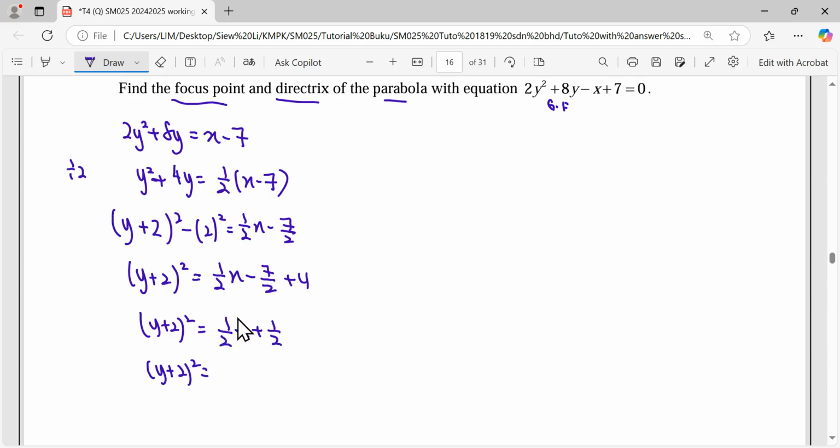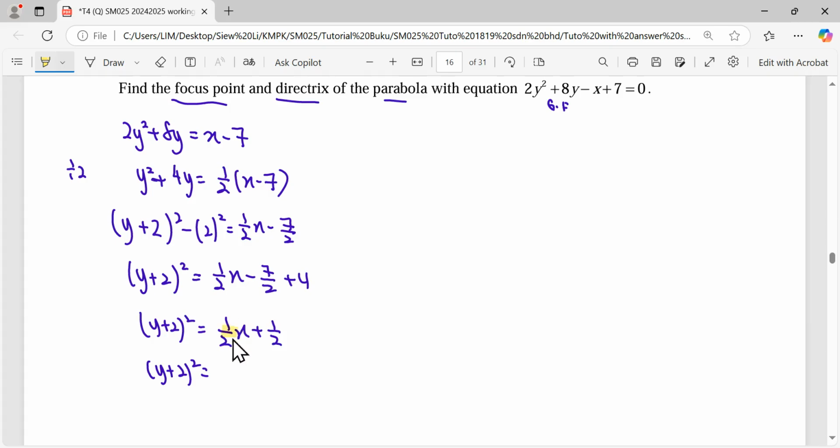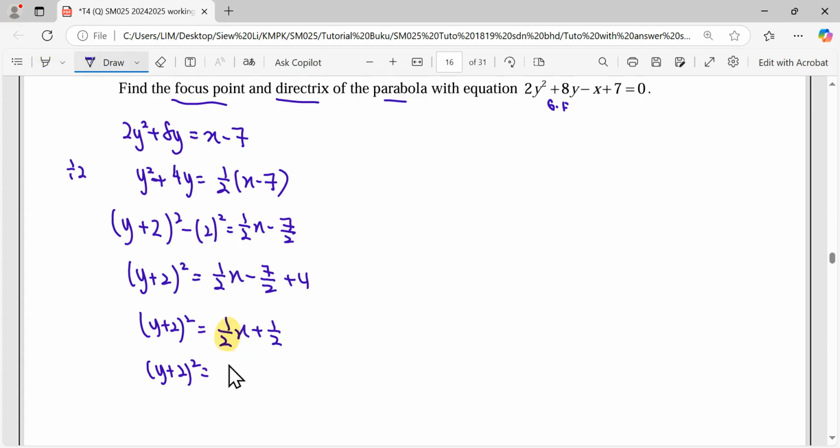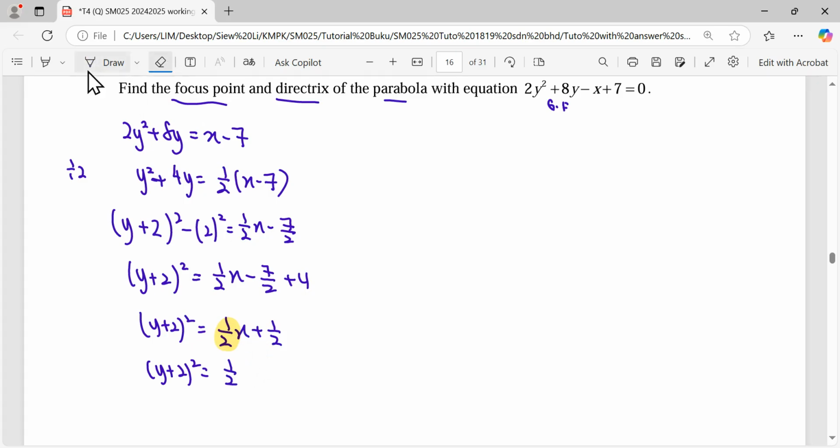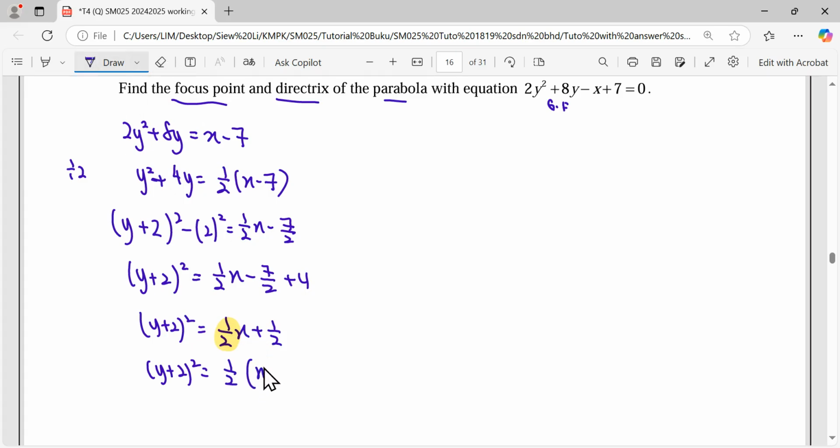We need to factorize all the coefficients from the x here. No matter if it is 3 over 2 or 5 over 2, we didn't find a common factor. We have factorized out the coefficient of the x. So when you take out 1 over 2 here, 1 over 2 divide 1 over 2 is 1.